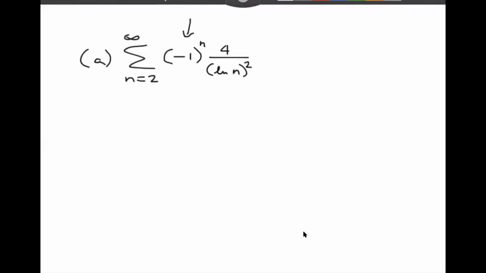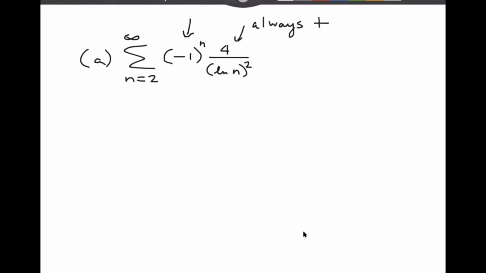So to check the first condition of the alternating series theorem, you just have to make sure that the other part of the term is always, well, technically could be always positive or always negative. It's usually going to be always positive. And for, well, that thing is always positive. We don't even have to think about the sign of natural log of n because it's being squared. 4 over the square of natural log n is definitely always positive.